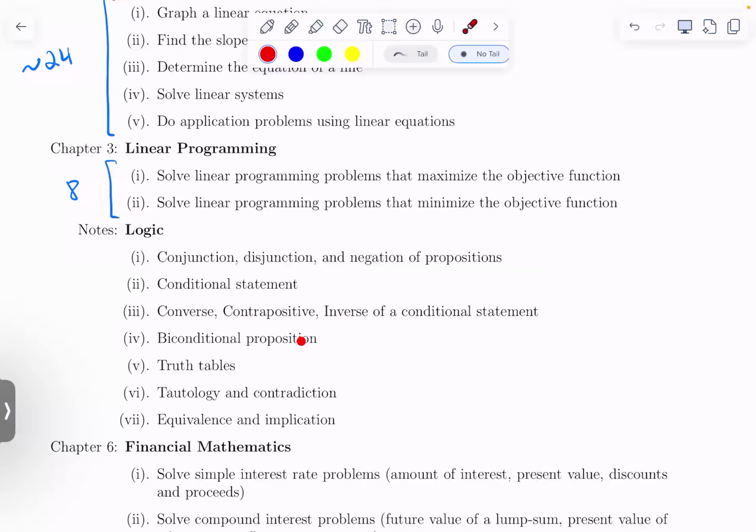And then the biconditional, going back and forth, and truth tables, which, if you keep your head on straight, are pretty fun, right? And then we talked about tautologies and contradictions and equivalences and implications, right? You would use a truth table to solve those.